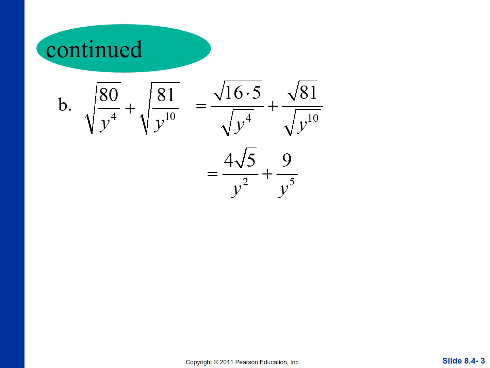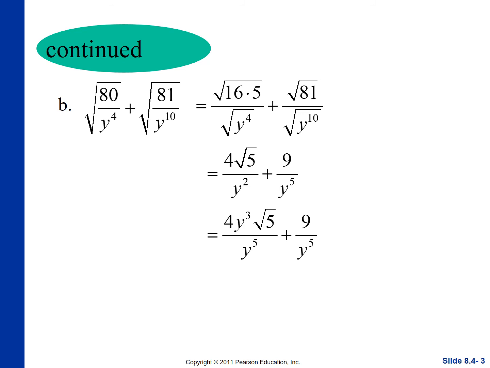Now we can't stop here. Okay, we're going to find a common denominator between the two of these, and that's going to be y to the 5th. So you multiply both the numerator and the denominator right here.